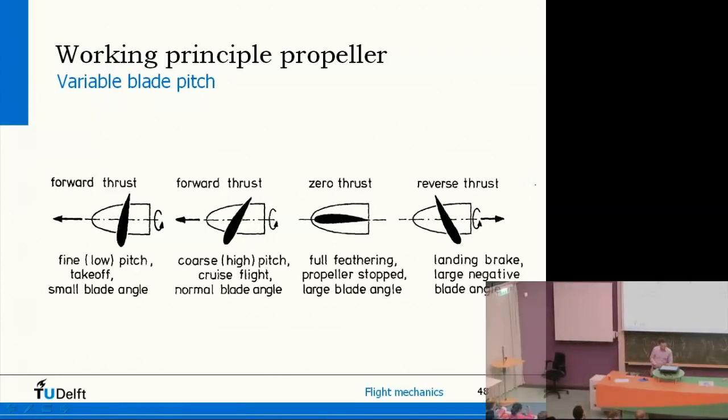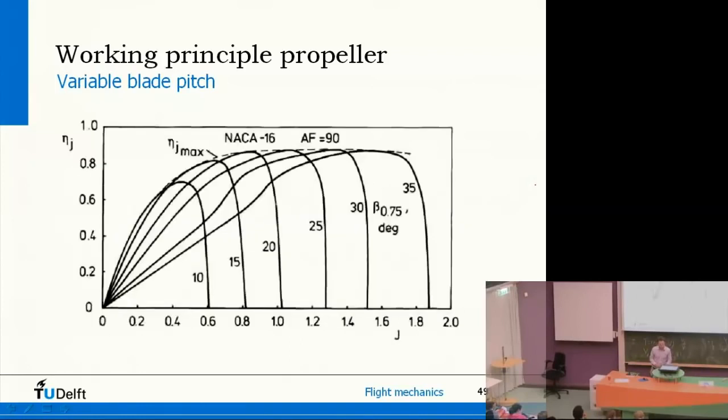And because of this, if you make a picture of the efficiency of the propeller as a function of J, and J is basically a non-dimensional velocity of the plane.